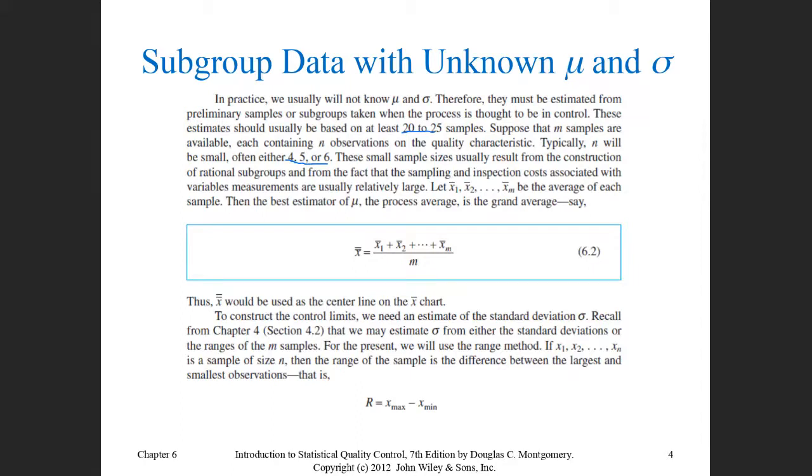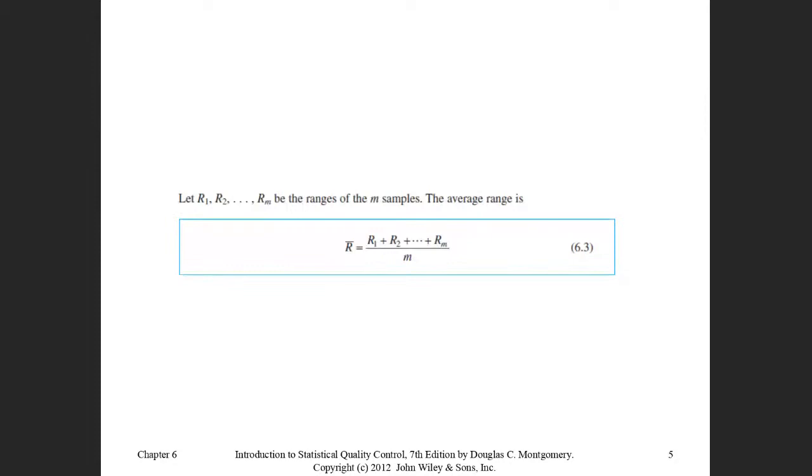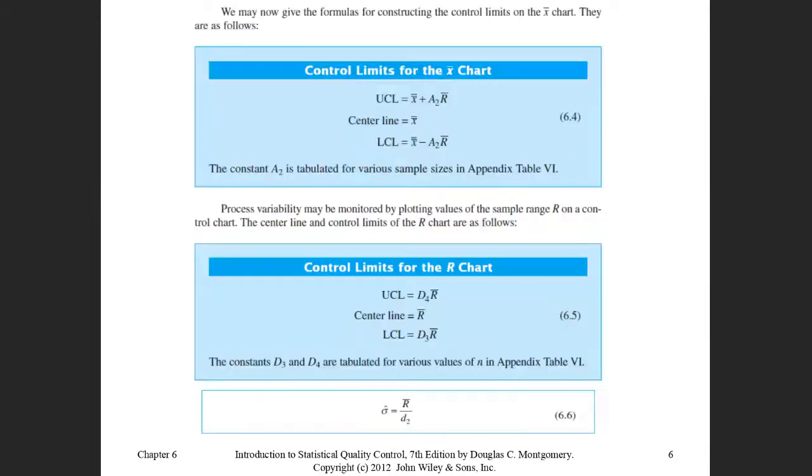X bar 2 is the average of the 5 readings of sample number 2, and so on. The X double bar is the average of all the averages of the samples. The same for the R: it is the maximum minus the minimum for every sample, and then we get the R bar, which is the average of the ranges. We will see all that in an example.